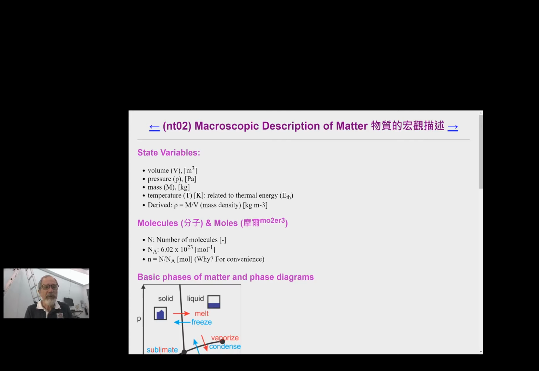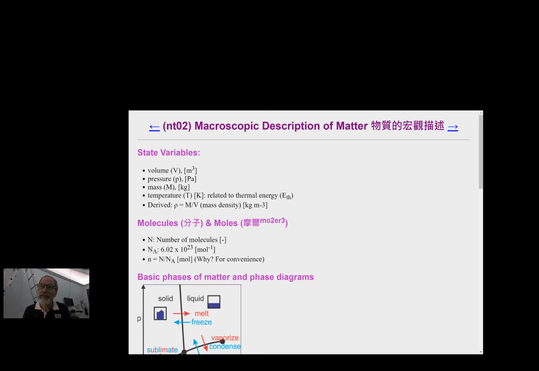If the number of molecules is n, there is a number, Avogadro's number, Na, which says that we will assume that 6.02 times 10 to the 23rd molecules equals 1 mole. Then we can divide the number of molecules by this number and say, okay, we have 6 moles of molecules in this cell phone. Why do we want to do this?